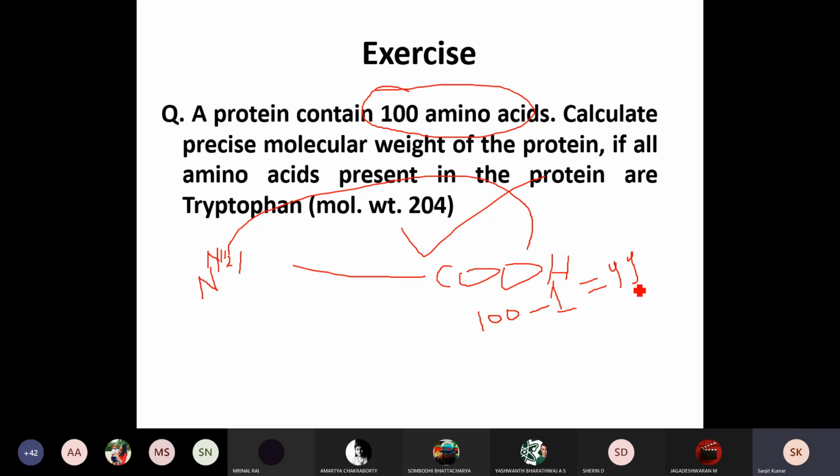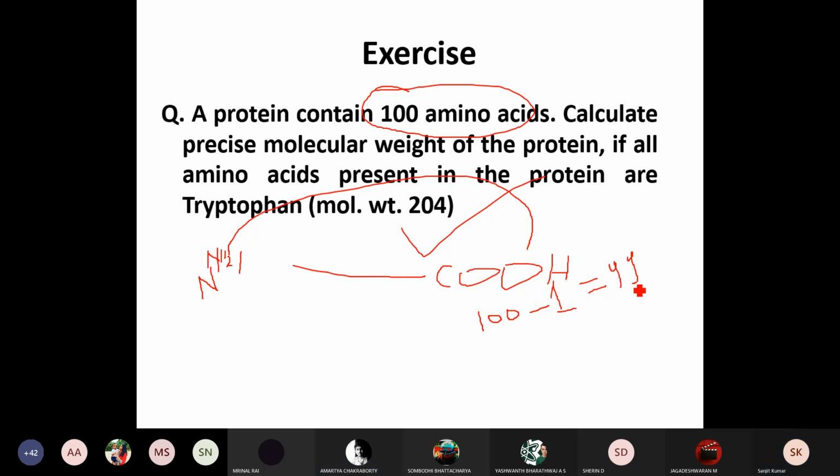When any two amino acids make a peptide bond, there is a loss of one water molecule. Correct or not? Yes, sir.